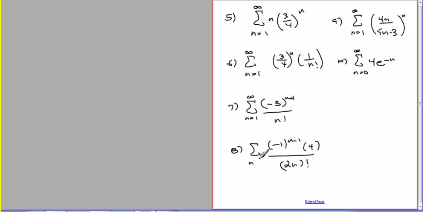So let's find ones that look like there is some alternating nature to them. So these are the two alternating series. So it looks like not E, but F is one of them. And it actually doesn't look like any of the other ones.